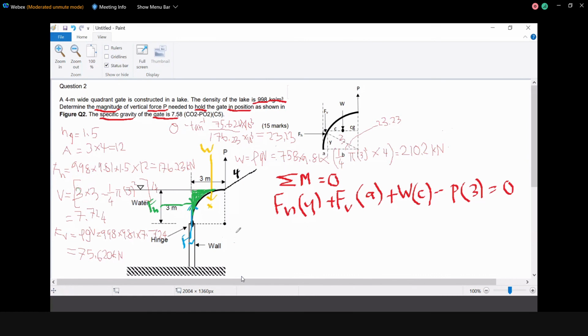So the picture is like this. You have here is 23.23. Here is 3. Here is Y. So sine 23.23 is equals to Y over 3.